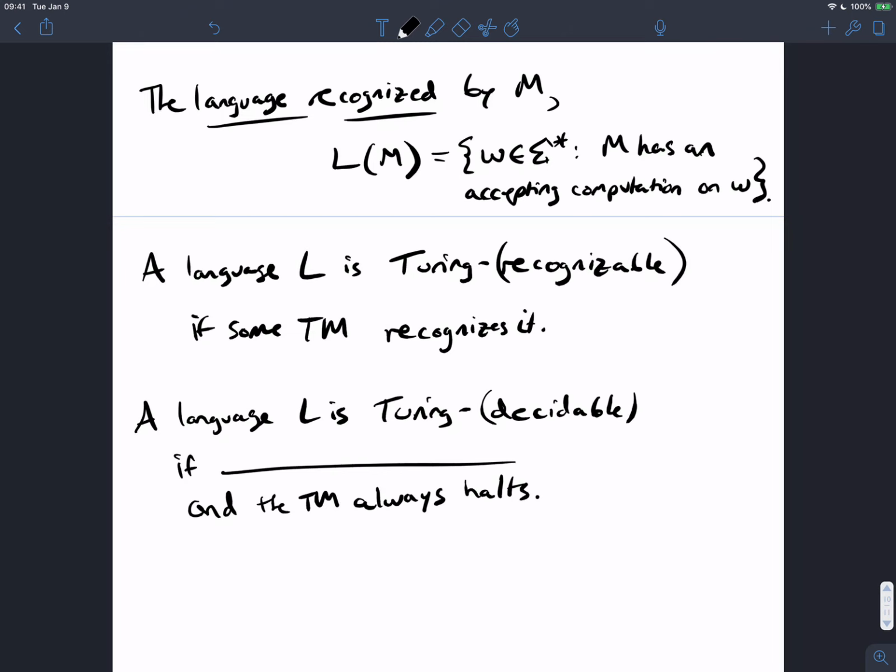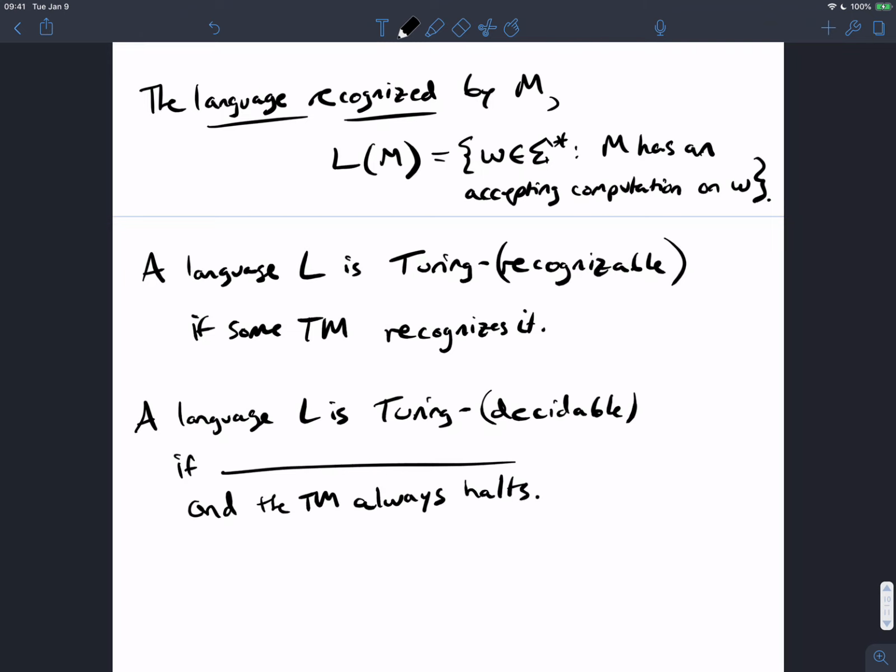Can it run forever on the strings in the language, which means it has an accepting computation on them? Can an accepting computation be infinitely long? No. So in fact, for the Turing recognizable languages, the machine will always stop on the strings in the language. Okay? Any last minute questions on that?